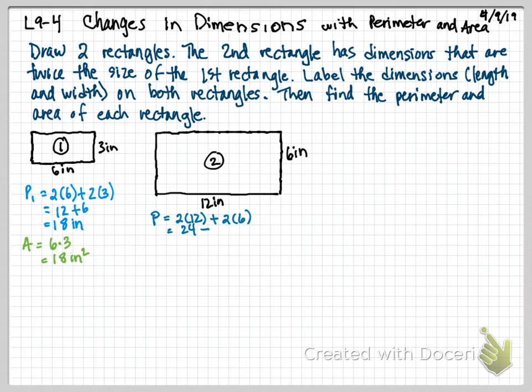And we get 24 plus 12, which equals 36 inches. That's interesting. And then let's look at the area. We're going to have base times height, and we're going to get 72 square inches.